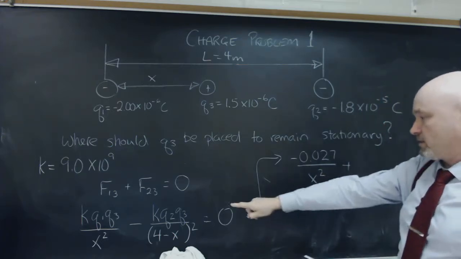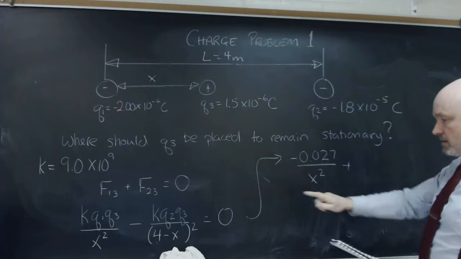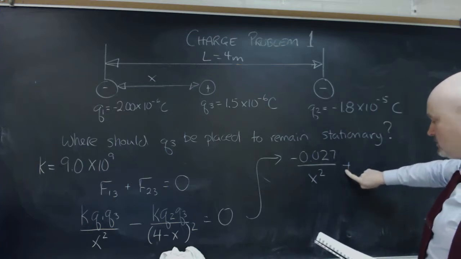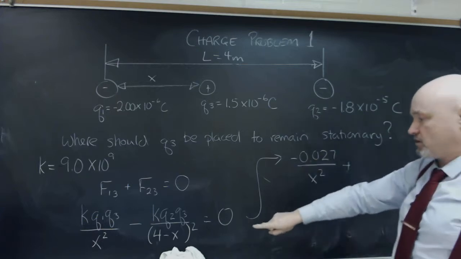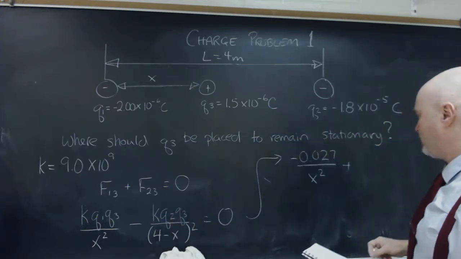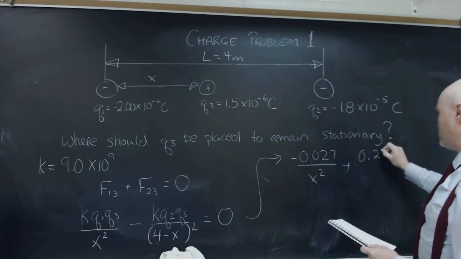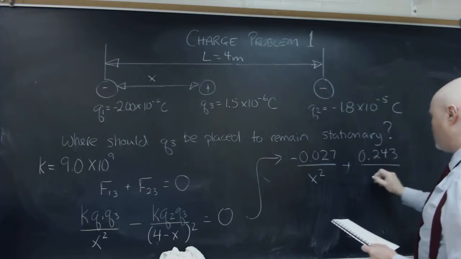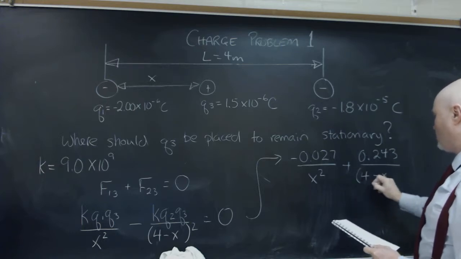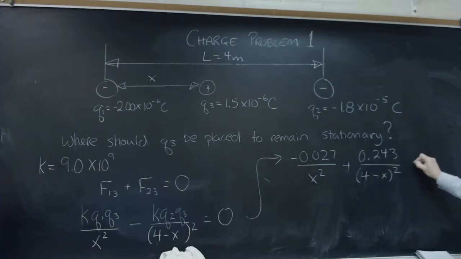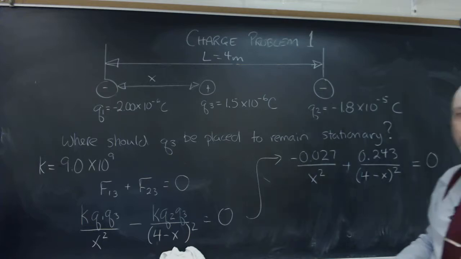Okay. Minus KQ2Q3, which is actually going to turn out to be a plus because that's a negative charge. So we're subtracting a negative. So I'm just going to jump and say that this is 0.243 over L minus x, or 4 minus x squared. And this has to equal 0.